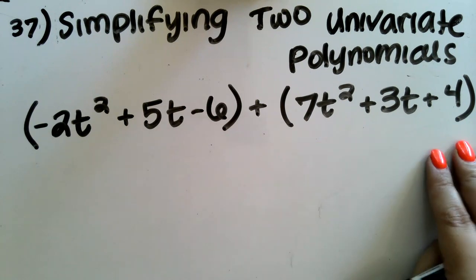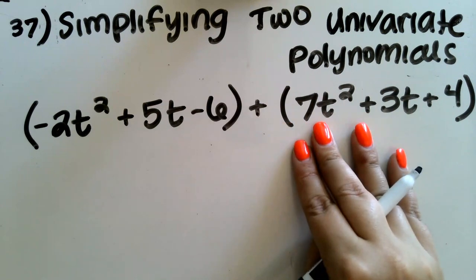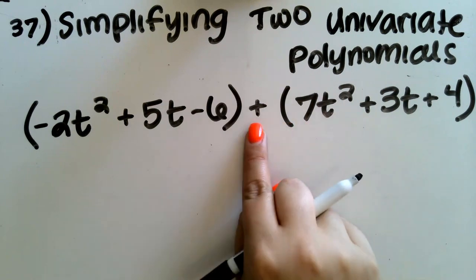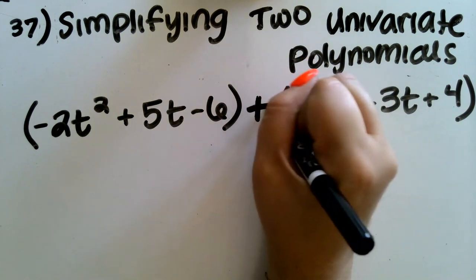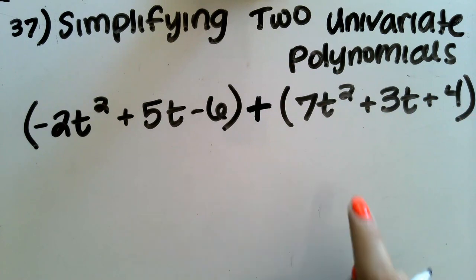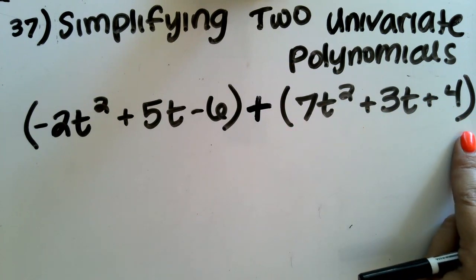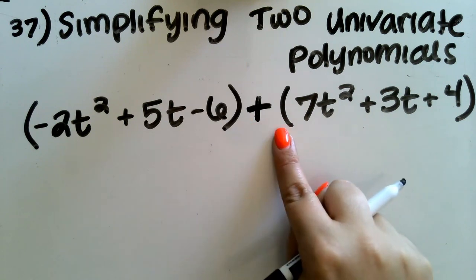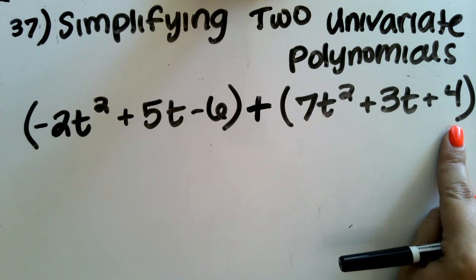But now we are going to be adding this first set with this second set. I want us to take note of whatever sign is happening in between the two sets of parentheses. In this case, it is an addition. That means we are going to be adding every single thing inside of these parentheses, okay? This addition gets almost distributed to each of these terms inside.